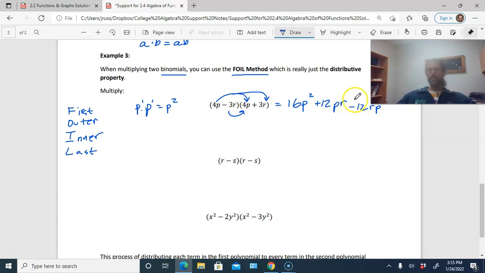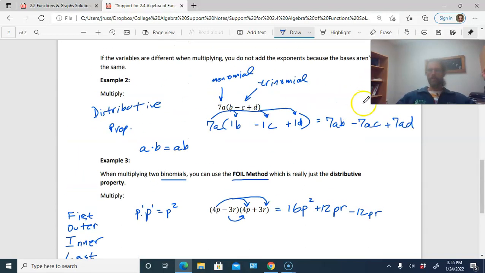And so if you notice these two terms right here, these are like. The reason I know that is because although the p and the r are out of order, the variables are exactly the same. So for that reason, in this third term, I'm going to change the order of those two variables. I'm going to put pr.